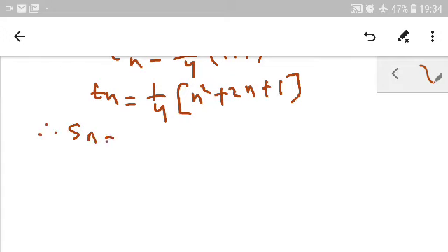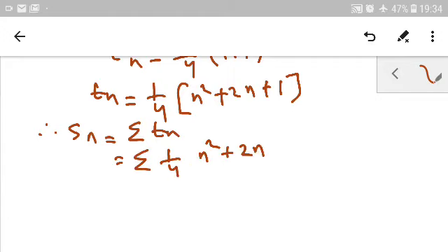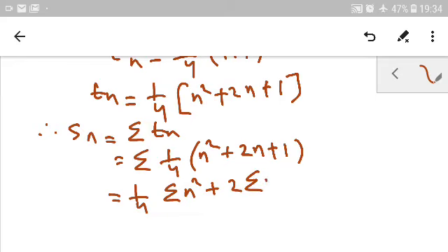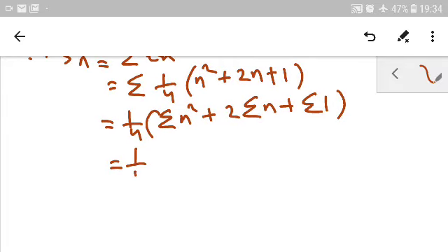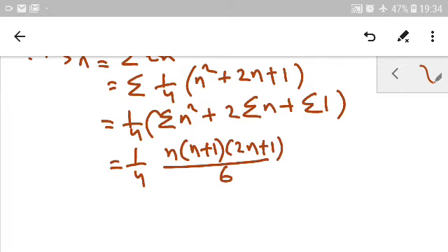Therefore Sn equals summation of Tn, that is summation of 1/4 of n square plus 2n plus 1. Then 1/4 is taken outside. I have summation of n square plus twice summation of n plus summation of 1. Now look at this. This is equal to 1/4 summation of n square, it is n into n plus 1 whole into 2n plus 1 divided by 6, plus 2 into n into n plus 1 divided by 2, plus n.